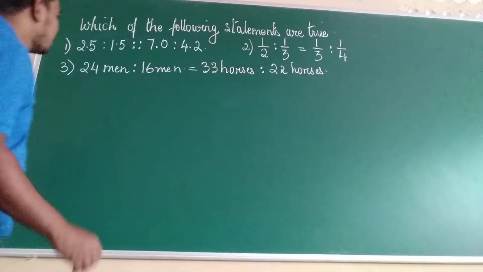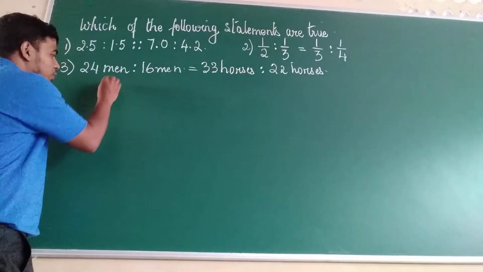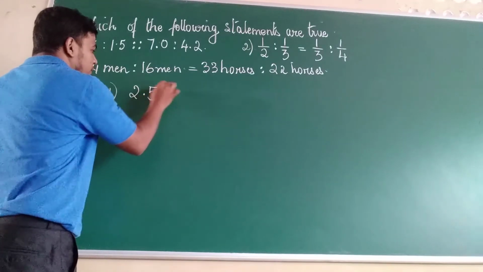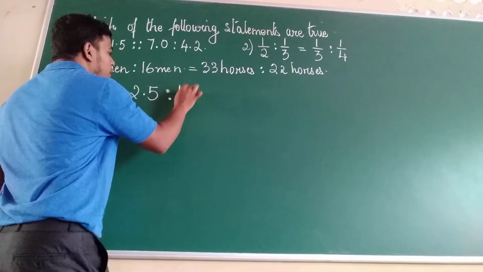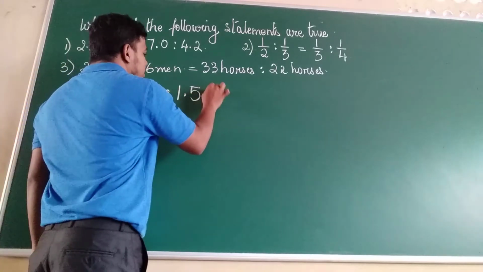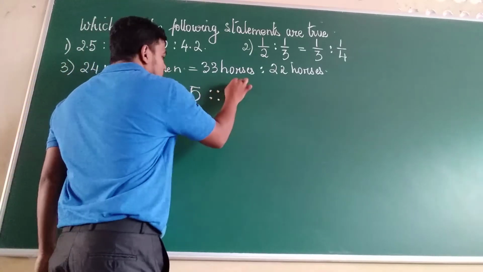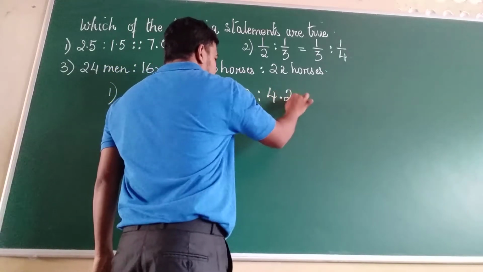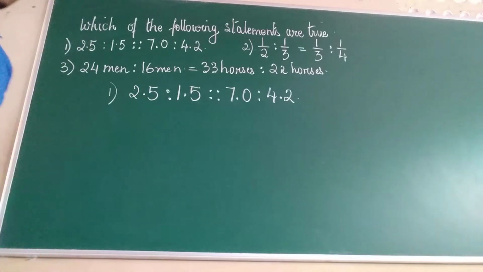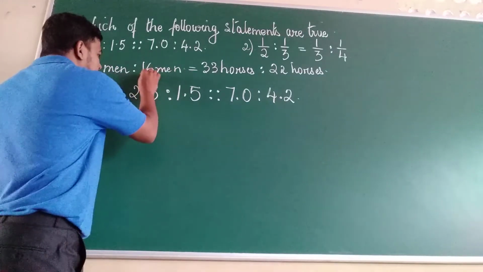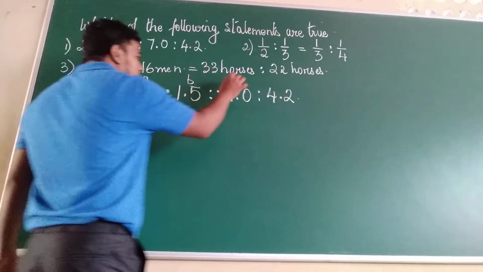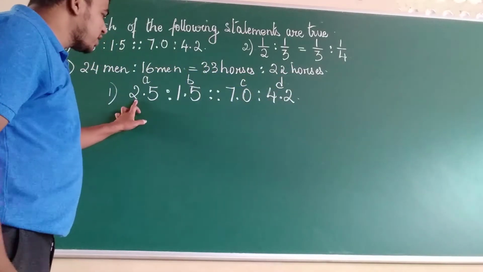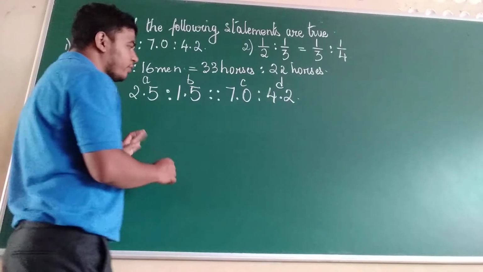Okay, so let's start with the first one. The first one is 2.5 is to 1.5 is to 7 is to 4.2. Now we know the formula. When they are in proportion, we know A, B, C, D, the product of the extremes is equal to the product of the means.